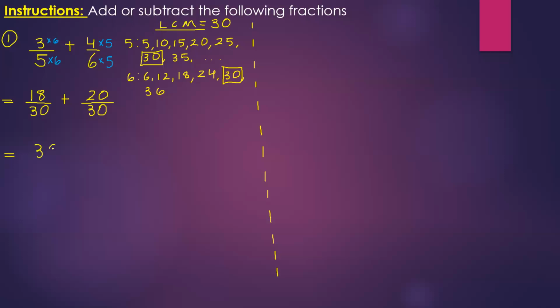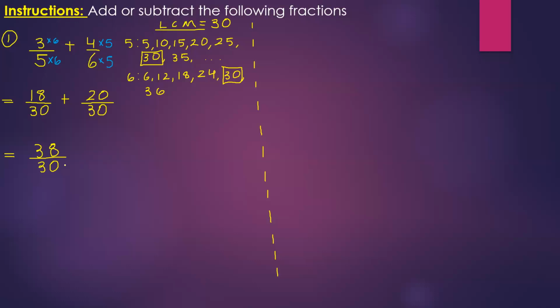Very good. So it'll be 38 over what? 30. Very good. 38 over 30. Now, is this a proper fraction or an improper fraction? Improper. So what do we have to do with this?